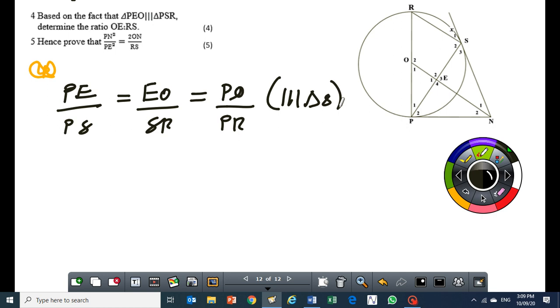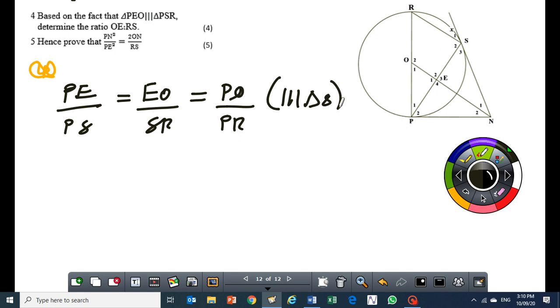Okay? Then this PO and PR, we can also use it if you want. So you were spoiled for choice here. Either you use this ratio or use that one to determine the ratio of EO over SR. You had two choices. Which one can I choose? When I did it on my own, I used the first one.